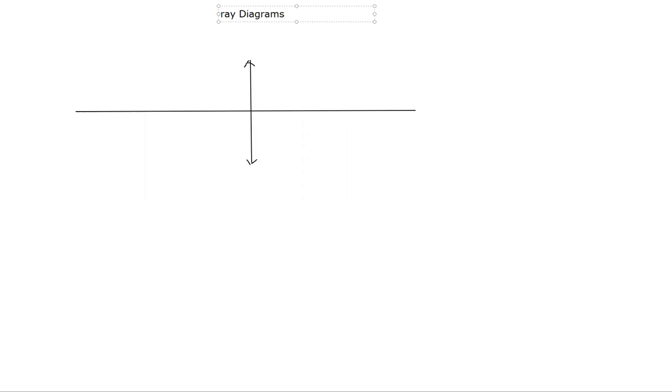Ray diagrams. Okay, so first of all, we have to identify focal points. Let's say the focal point will be somewhere here, and then equally distant here.